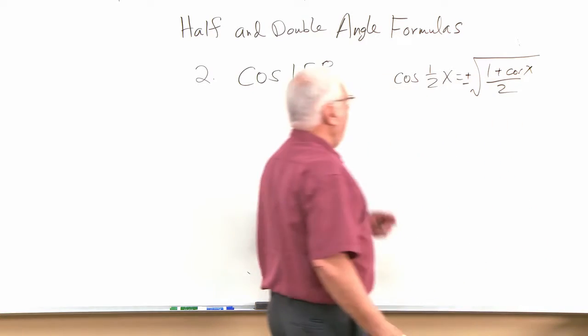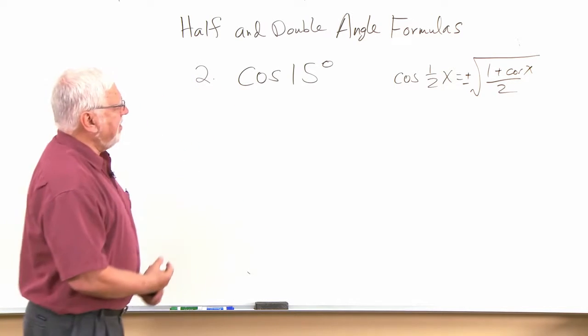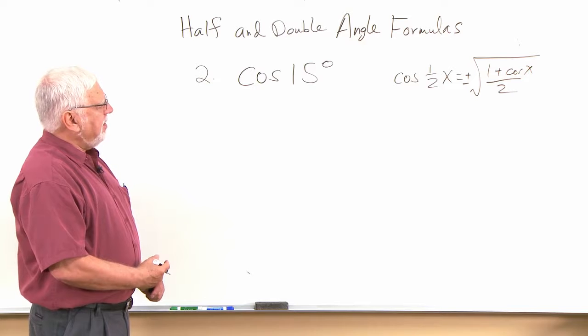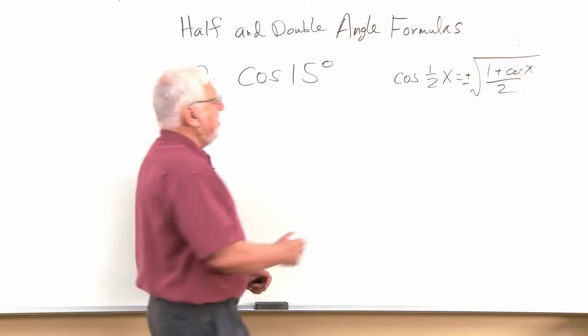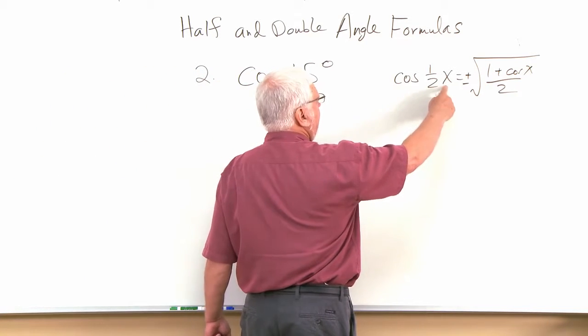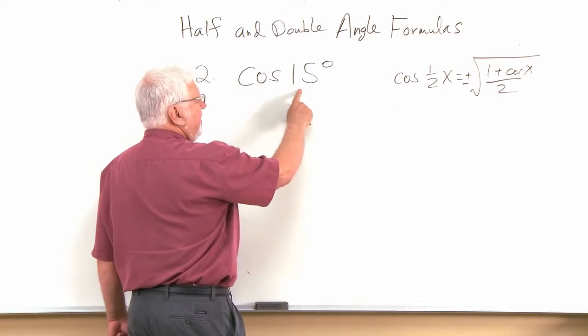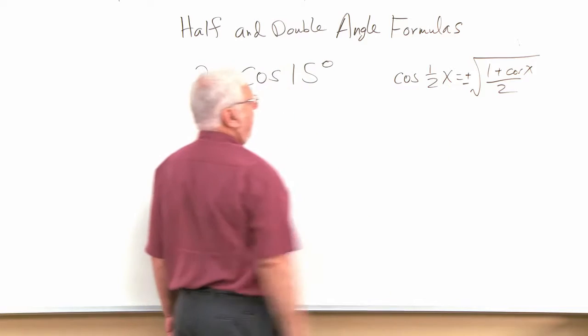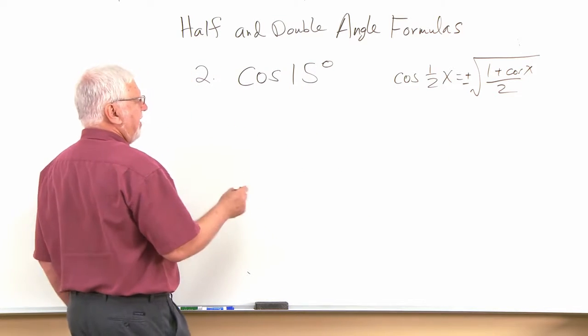Now can we use that to figure out what the cosine of 15 degrees is? Well, let's think about it a minute. If x was 30, 1/2 of 30 is 15, so we could use that, and x would be 30, and 30 we can find. And once again, we want the exact value only.